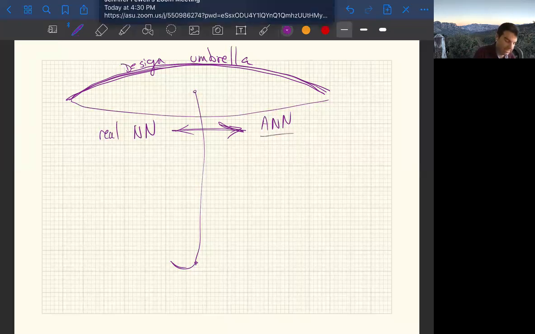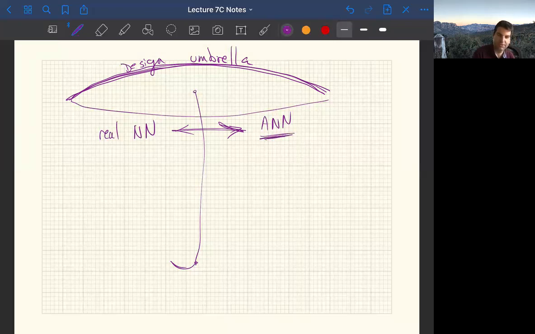And I think that's a big mistake, a lot of people over here assuming that it's already closed. And also, people assuming that artificial neural networks are hopelessly non-nature inspired also prevents us from closing the gap. So I think there's room for optimism in this design umbrella.